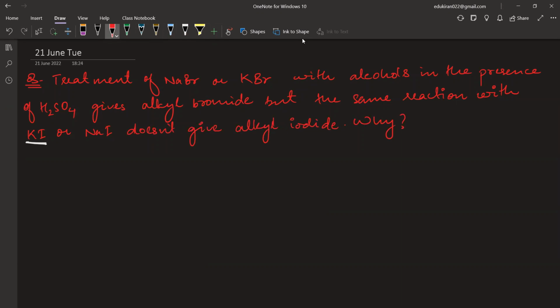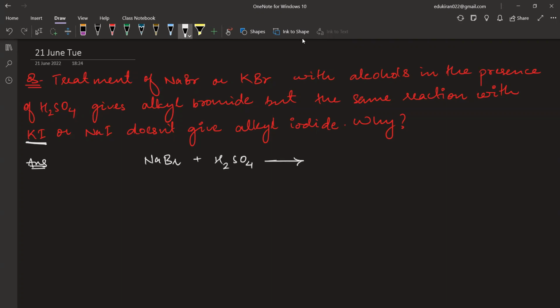Why? So the question is treatment of NaBr and KBr with alcohol in the presence of H2SO4. It is going to give you alkyl bromide. We all know what happens in this reaction. We have NaBr, let us say, plus H2SO4.